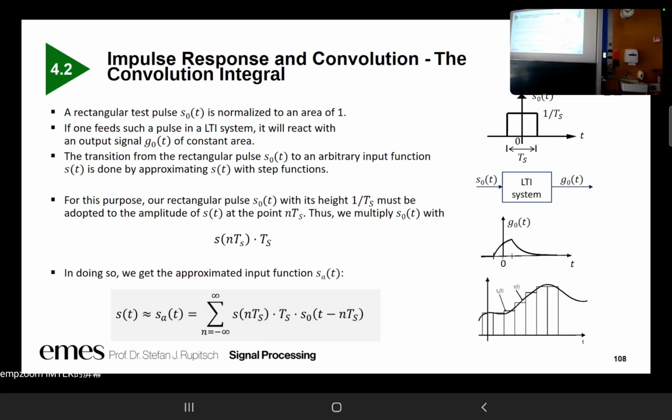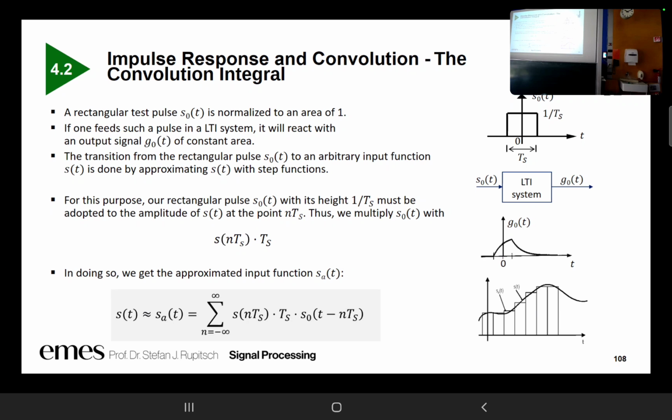We have to scale the height of the rectangular pulses. And this is very good because in case of a linear time invariant system, also the output of our system for one of those rectangular pulses will be a time shifted version of this output signal, and in addition scaled in the amplitude.